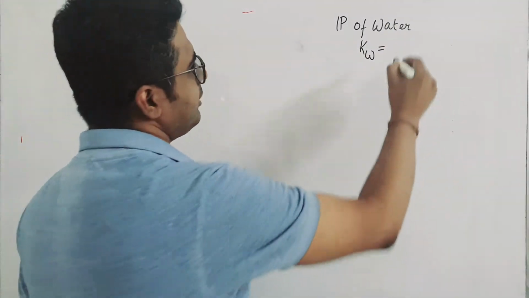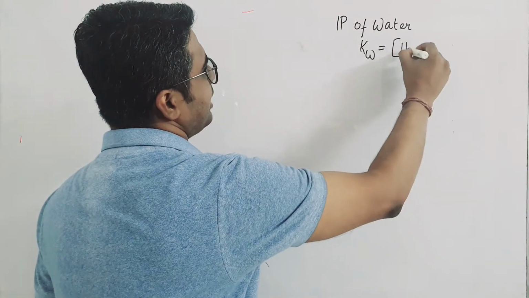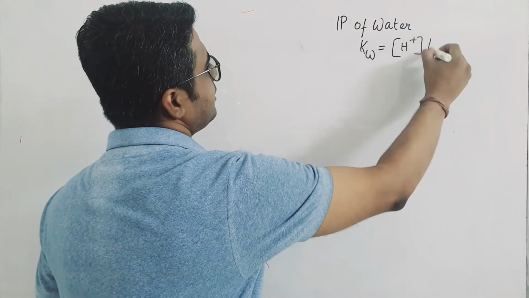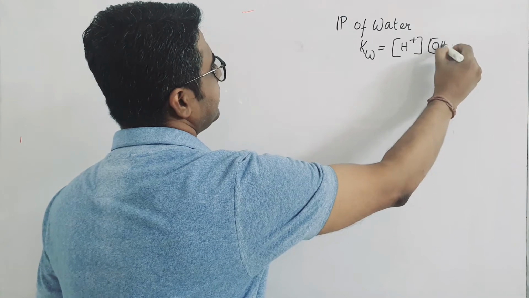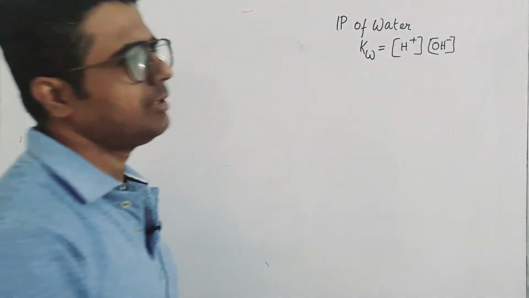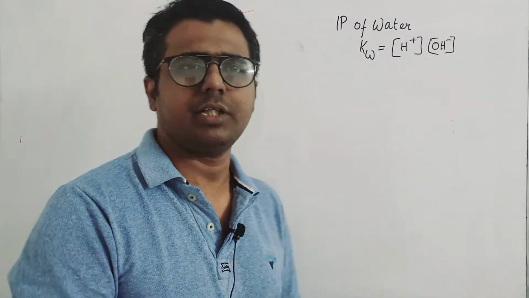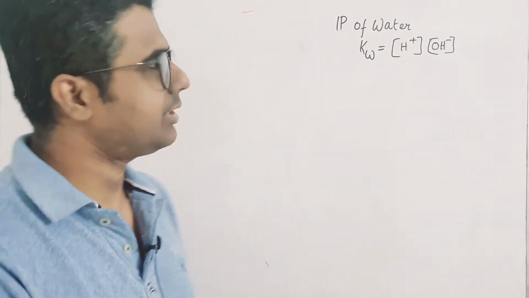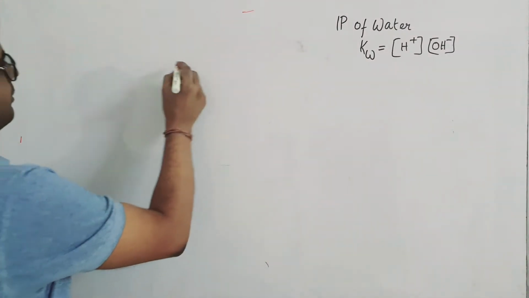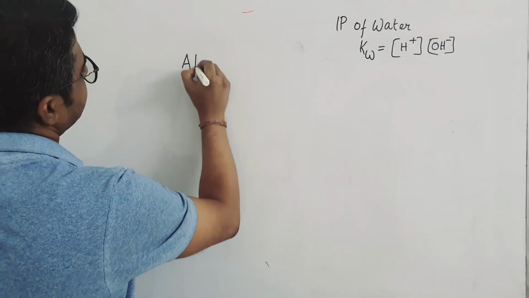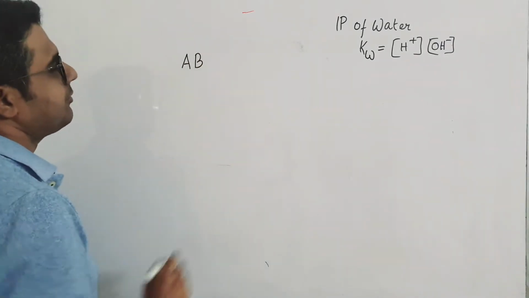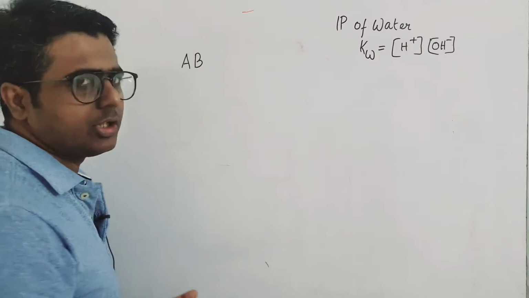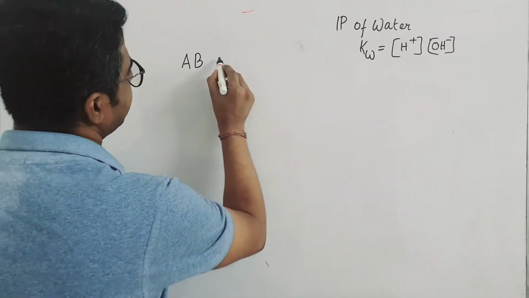So in that Kw you used to write the multiplication of the dissociated ions, right? So ionic product is nothing but the product of the concentrations of the ions that have been dissociated. Suppose there is a molecule AB. At first it did not dissociate, now you put it into water. What will happen?